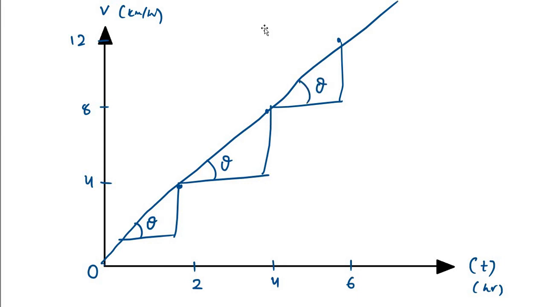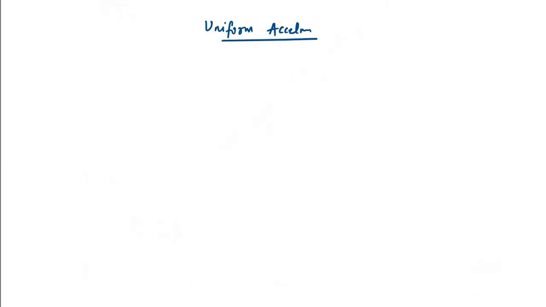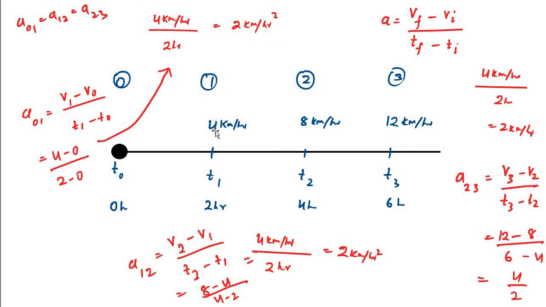This is uniform acceleration. But if the acceleration is different at different time slots, let's say here it would have been 2, here it would have been 5, here it would have been 15 or 16. In that case, for equal time slots, the rate of change of velocity is different in different time intervals.